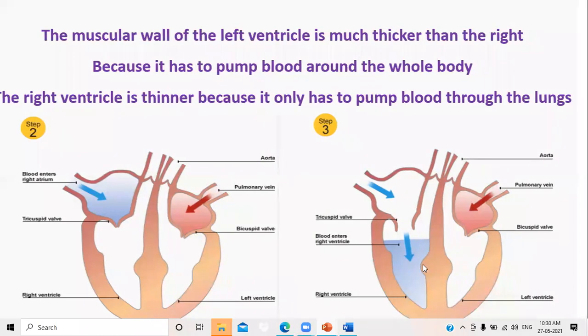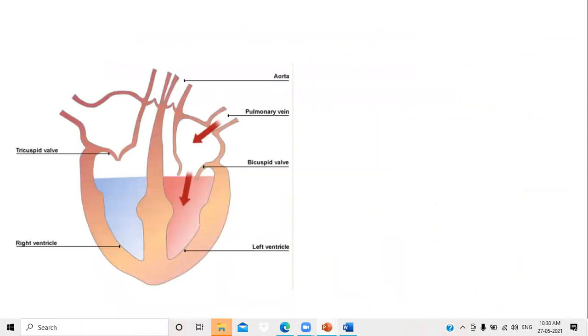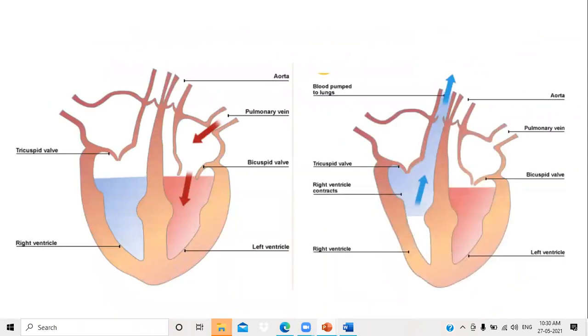Then what happens? The right ventricle will contract to push the blood out of the heart through the pulmonary artery.